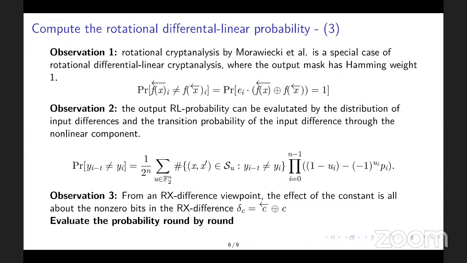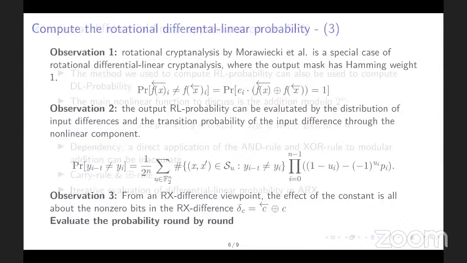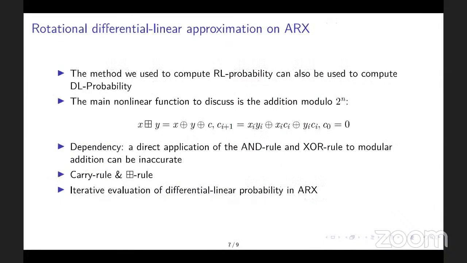And next, we go one step further to extend rotational differential linear cryptanalysis to ARX ciphers. So first, we would like to mention that what works for rotational differential linear in our paper also works for differential linear, just we set the rotational amount to be 0. And to get the propagation rule for modular addition, we found that the dependency in the carry function cannot be ignored.